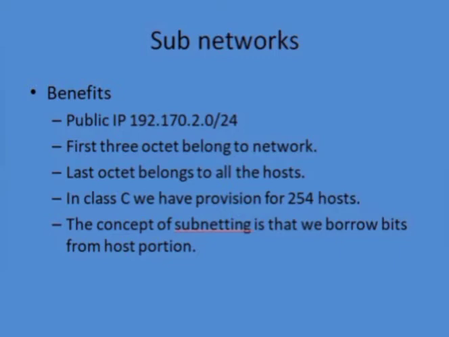We have an address 192.170.2.0/24, indicating it is a Class C network address. The last octet is used for hosts, and the last octet can accommodate hosts up to 254. So if we have only 20 end systems, 234 will be wasted.